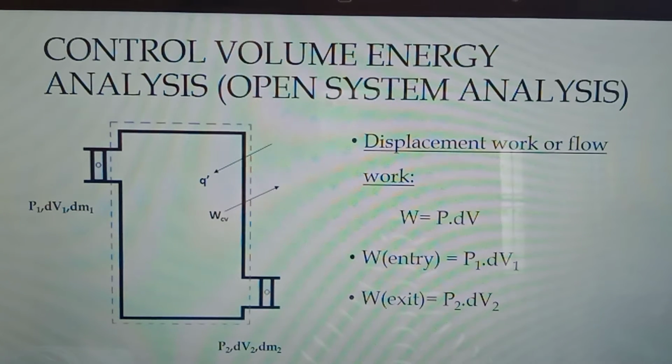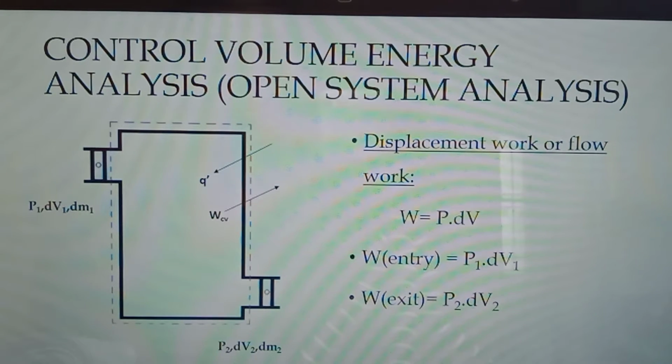According to the work done formula, the displacement or flow work is given by the mathematical relation W equals P dot dV. By substituting this relation in the entry side, we get W entry equals P1 dot dV1, and in the exit region we get W exit equals P2 dot dV2.